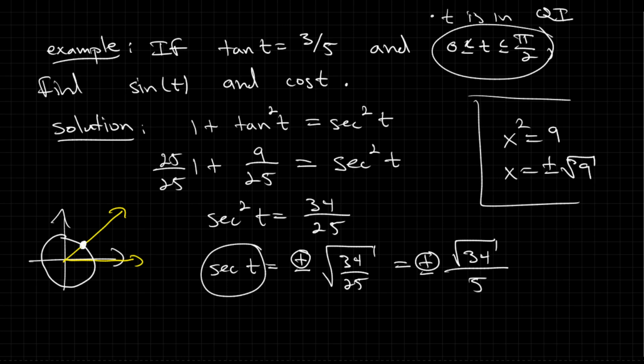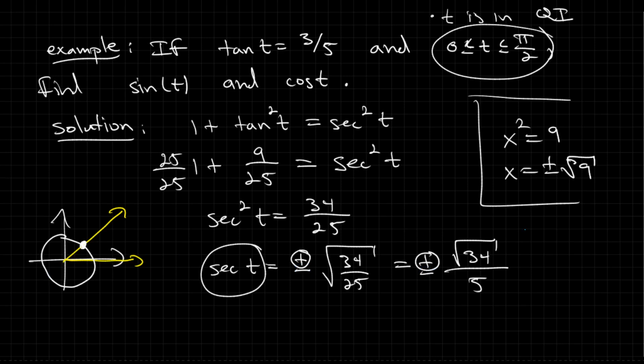So if we said that t was in quadrant 3, then the picture would look instead something like what I've just recently drawn, and the x and y coordinates would be negative. So in that case, you would have picked the negative here because the x coordinate is negative, so 1 over x is negative. But that's not what the problem says, so we'll continue with what the problem says.